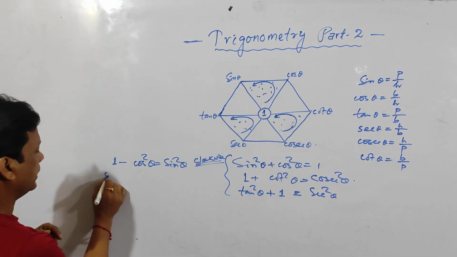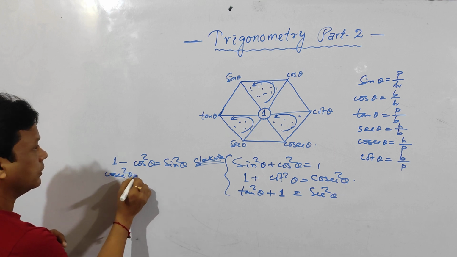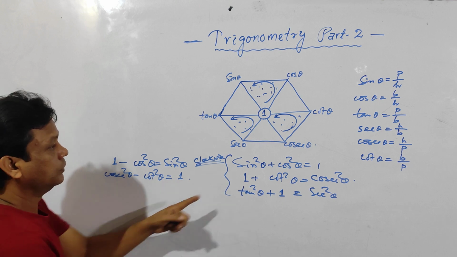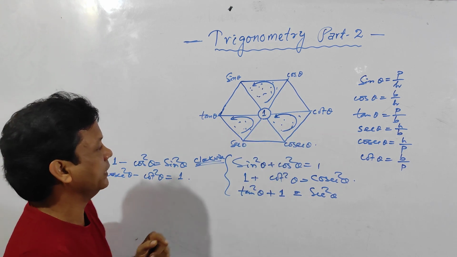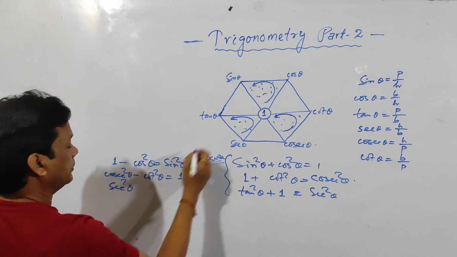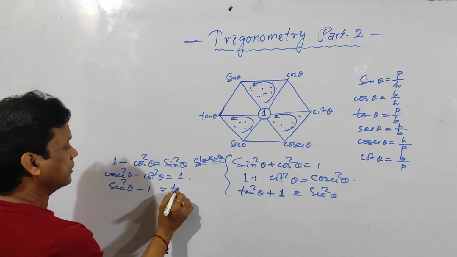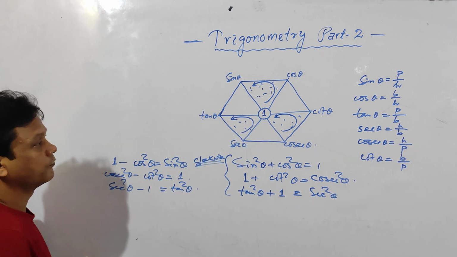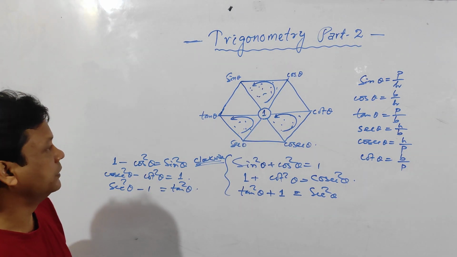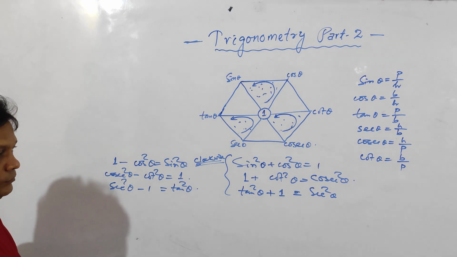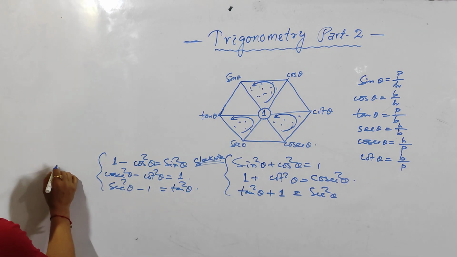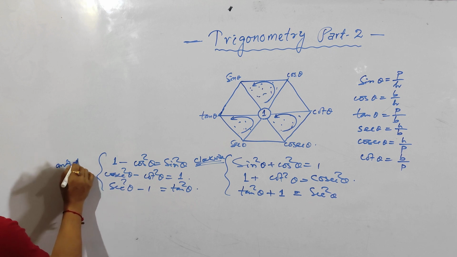Similarly, cosec square theta minus cot square theta is equal to 1. Same process, sec square theta minus 1 is equal to tan square theta. Clear? So these are the 6 more formulas in total, and this one is for anti-clockwise direction.